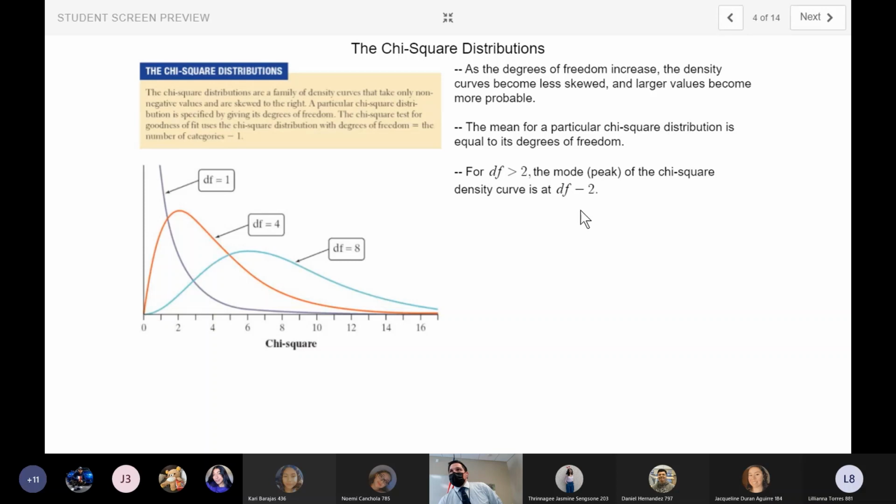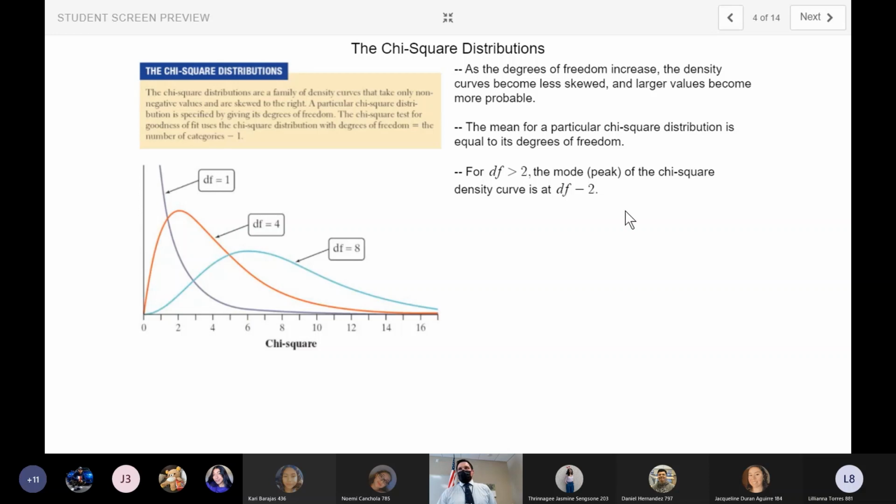Then we have some things to keep in mind about our chi-square distribution. As the degrees of freedom increase, the density curves become less skewed and larger values become more probable. The mean for a particular chi-square distribution is equal to its degrees of freedom. And for degrees of freedom greater than 2, the mode, or the peak of the chi-square density curve, is at degrees of freedom minus 2.